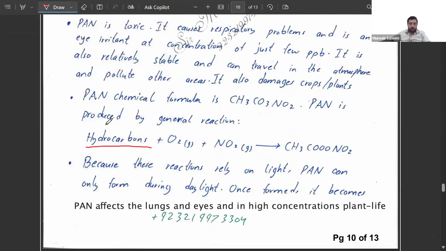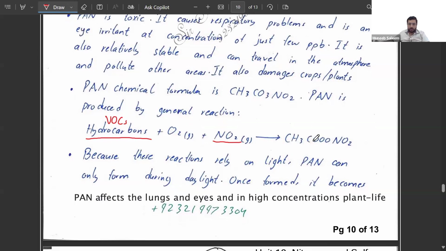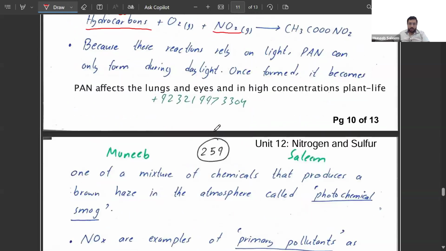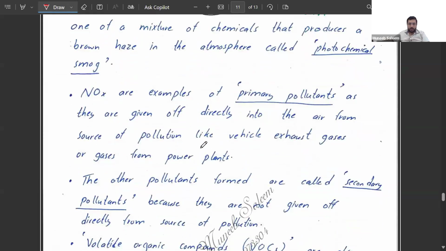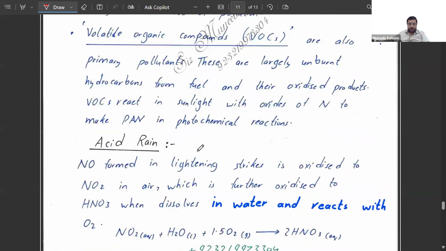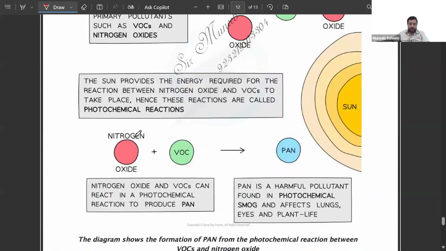The other name of hydrocarbons is VOC, volatile organic compounds, in the presence of the sunlight and in the presence of oxygen along with nitrogen dioxide. So this is how we get the formation of PAN. This happens during the daylight. One way of reaction was that, and the other reaction is mentioned here.